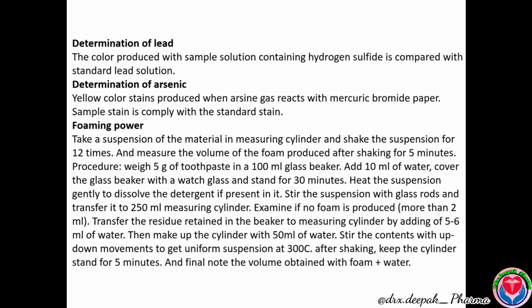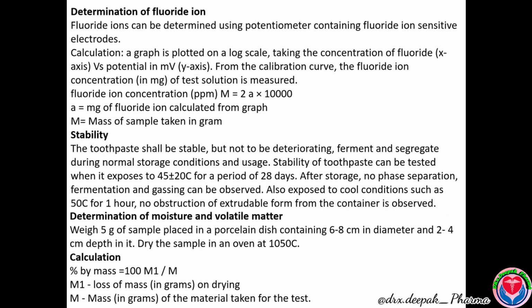You have to take a beaker or a measuring cylinder, make a suspension in it and shake thoroughly. After shaking, you have to observe the formation of foam. Determination of fluoride is done using a potentiometer containing a fluoride ion sensitive electrode.